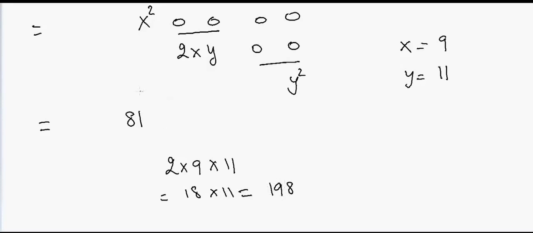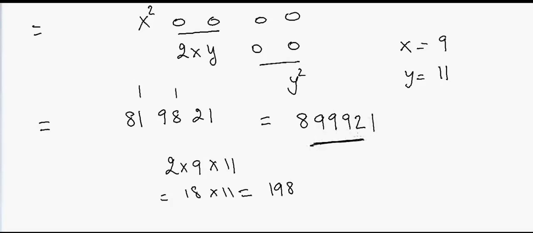So we'll have 198, and then we have y square, so 11 square is 121, so 21 and 1 carried here, right? So in that case the answer would be equal to 899921. So that's your answer.